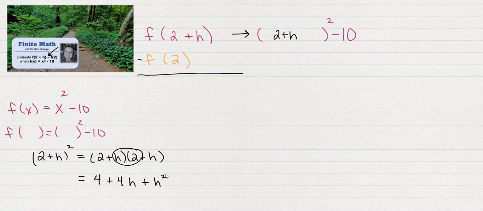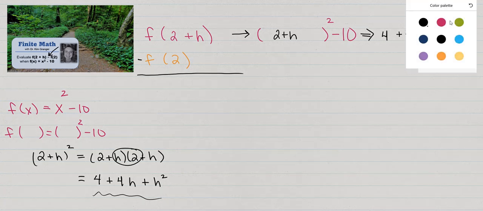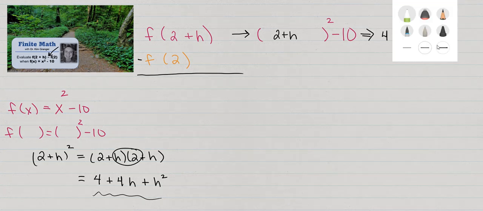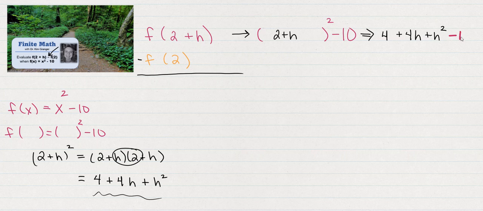Or if you are a little further from your algebra, it would be okay if you recognize that you needed to FOIL and do first times first, outside times outside, inside times inside, last times last, and you should still get the same result when you simplify that. But we're going to have 4 plus 4h plus h squared, and then don't forget, don't lose sight of that minus 10.